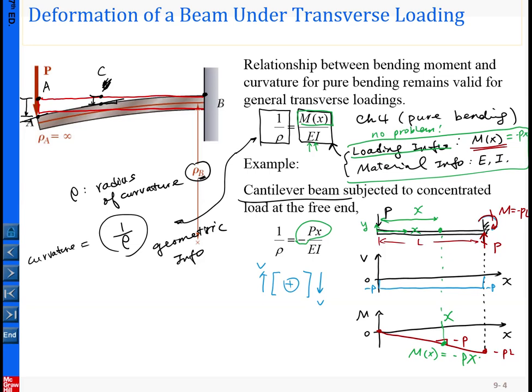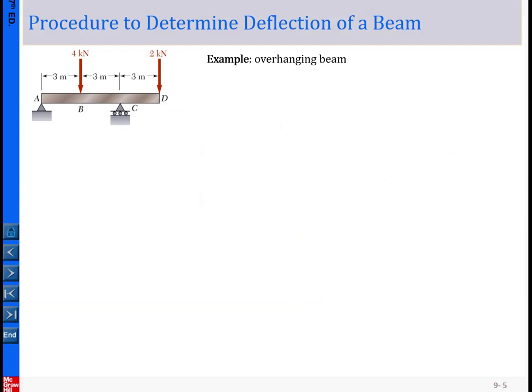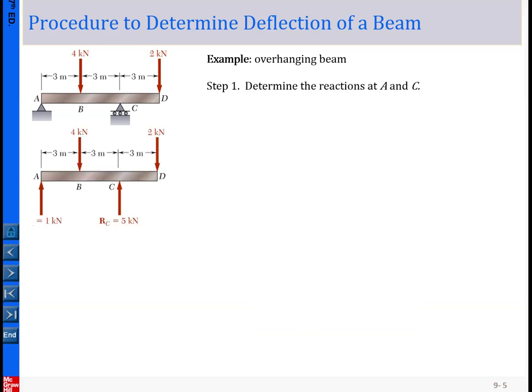We're going to dedicate our remaining time to get more understanding of what this term means. Before doing that, we can utilize one more example to demonstrate how we determine the equations of the deflection of the beam.